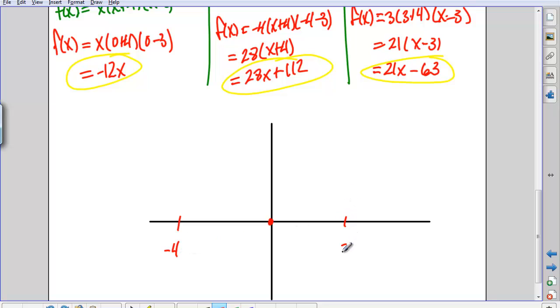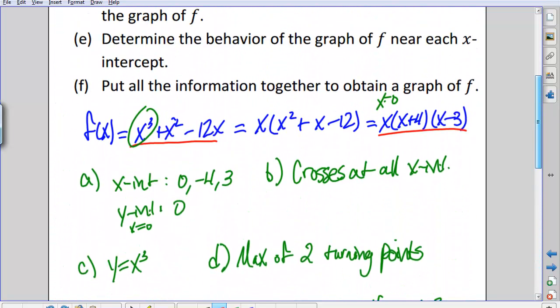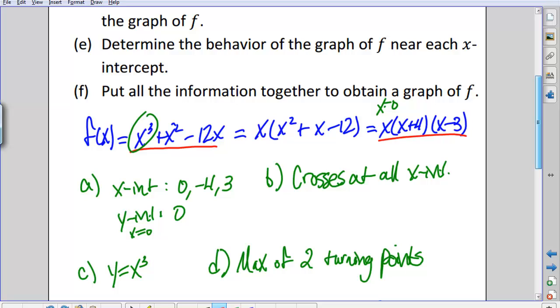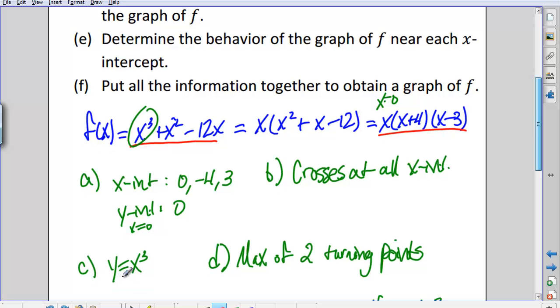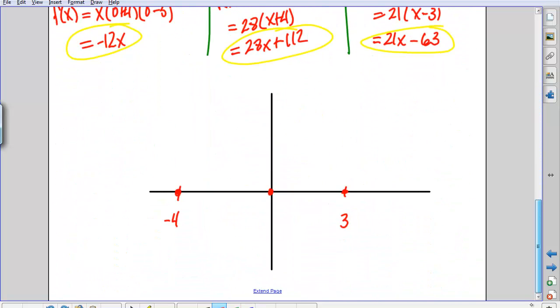So let's just throw those up there. And what's the ends of my graph doing? In end behavior, it looks like y equals x cubed. That was part C. So that means what? The left end of my graph is going to go down. The right end is going to go up.